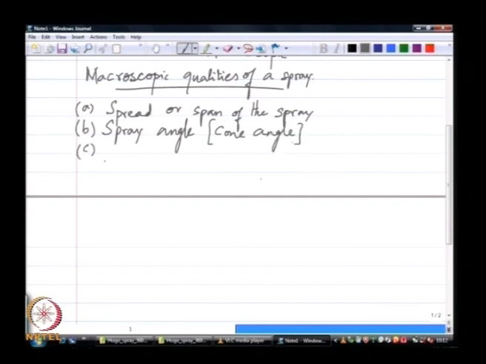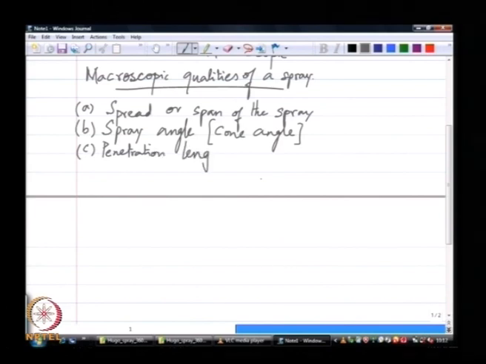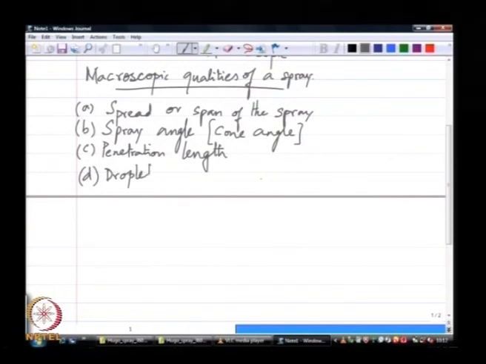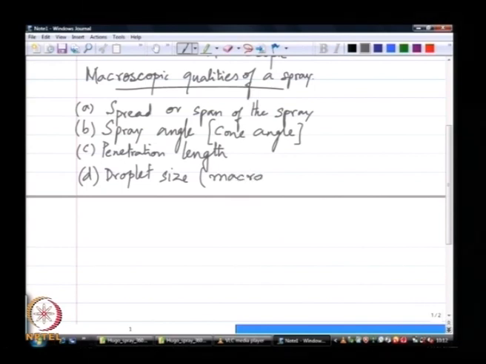We will talk about that also. Penetration length. Droplet size. I will distinguish this because it is going to occur in both the macroscopic and the microscopic list. We will talk of this in just a moment. Macroscopic measure.